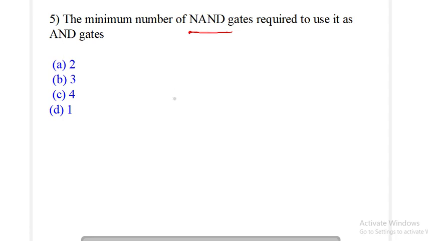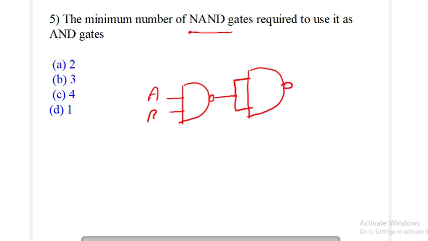So here I will just draw the diagram. This is a NAND gate. Here we see how it works as an AND gate. This input is A, this is B. What we get from the NAND gate is A dot B the whole bar.